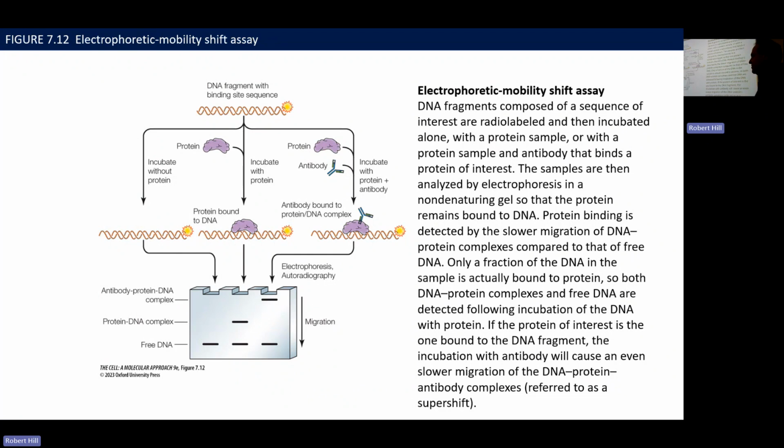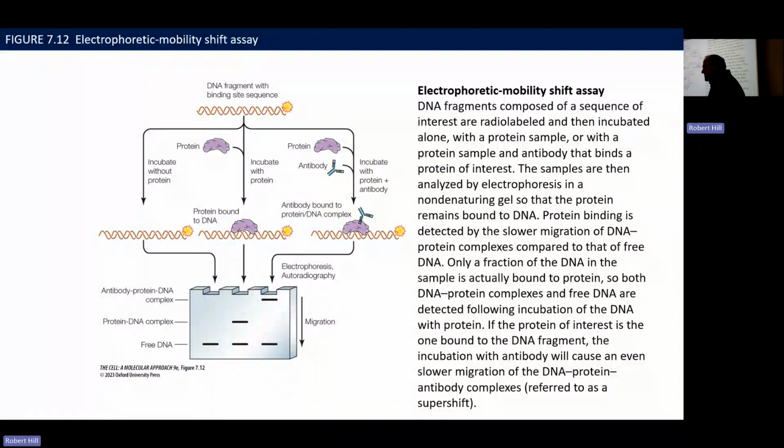So in that case, you get what's called a super shift. You're still getting the DNA that's not bound, but now you get DNA plus antibody plus transcription factor, and it migrates more slowly, so you get a higher molecular weight band.